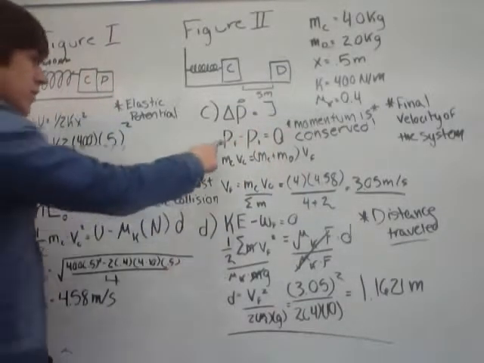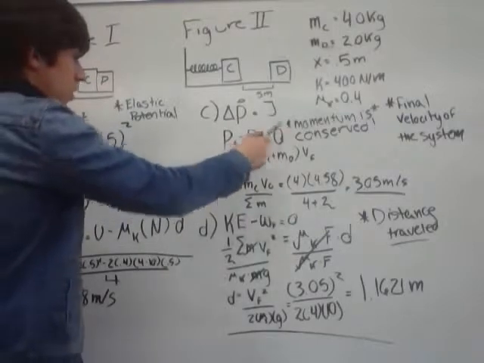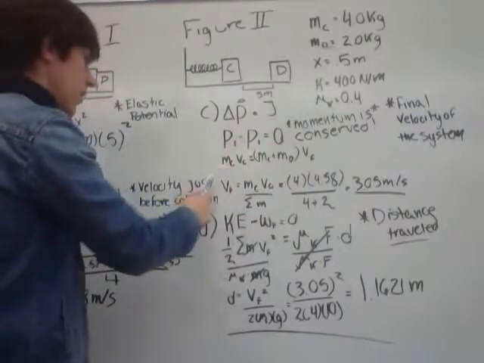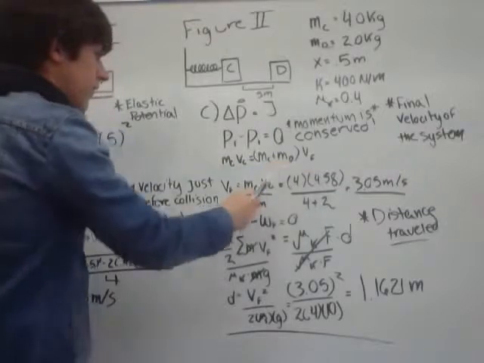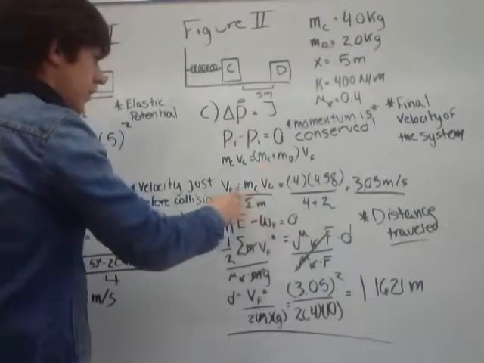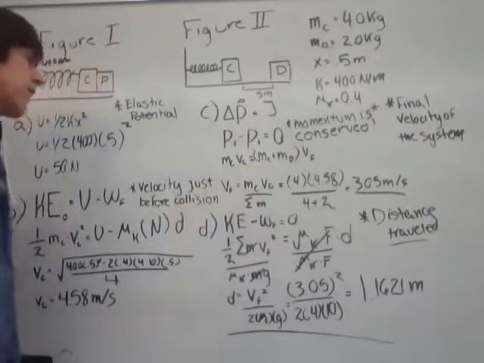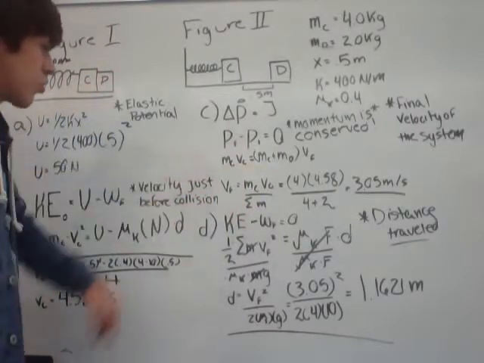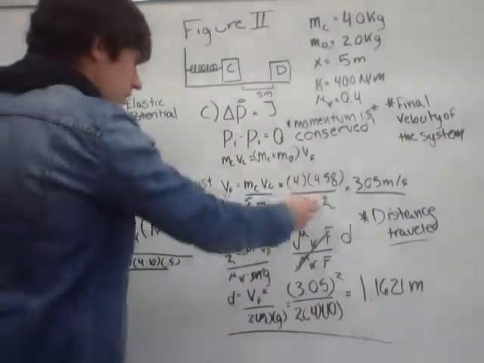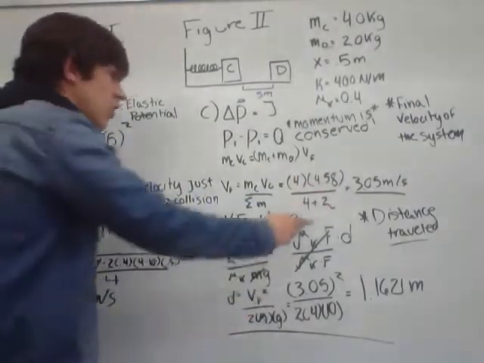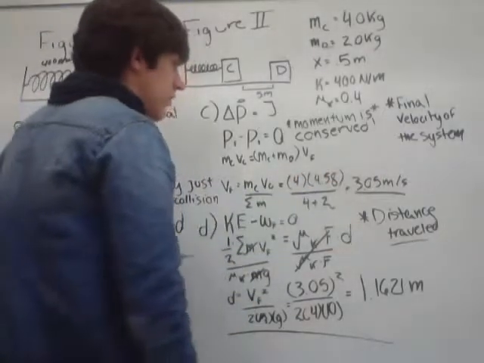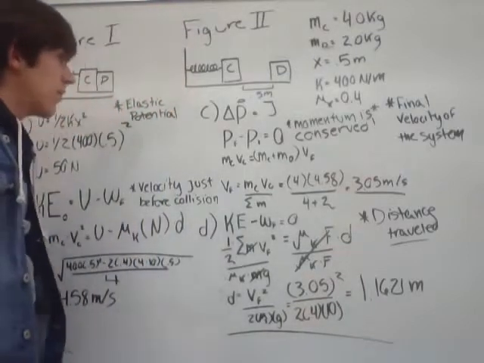So we move the initial over, and we're trying to find the final velocity, so I divided the initial momentum by the sum of the masses, plugged in with basic algebra, and got 3.05 meters per second.